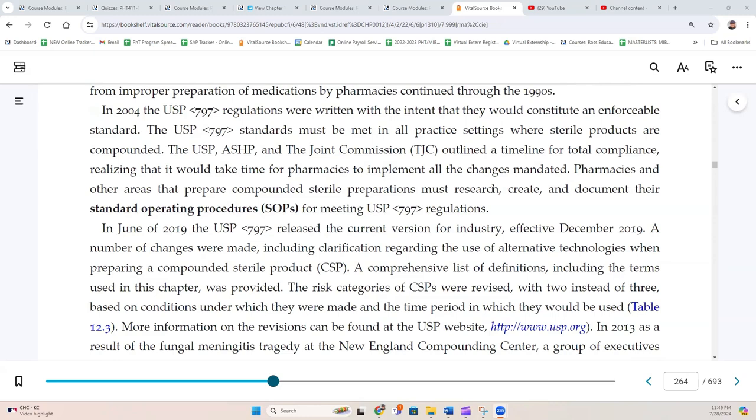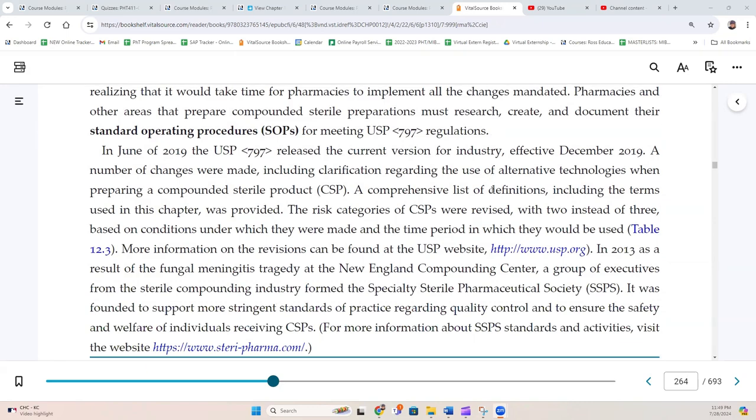Pharmacies and other areas that prepare compounded sterile preparations must research, create, and document their standard operating procedures for meeting USP 797 regulations.